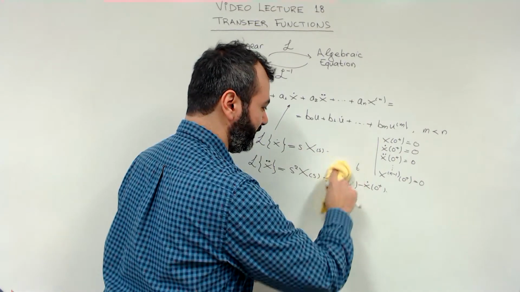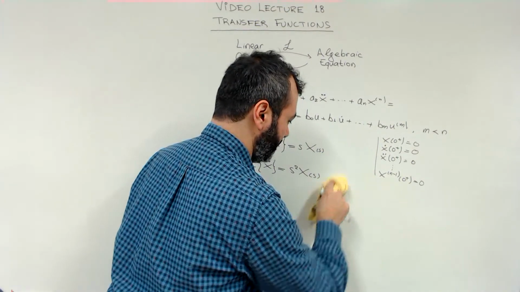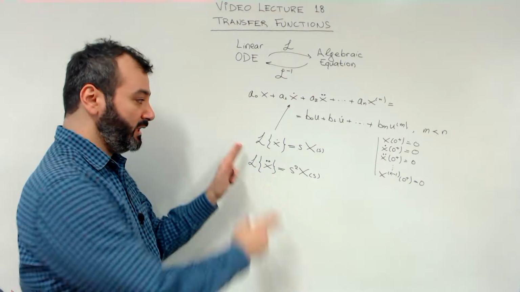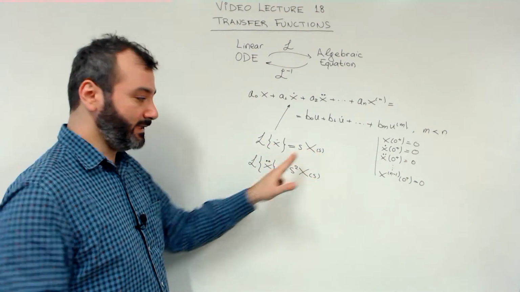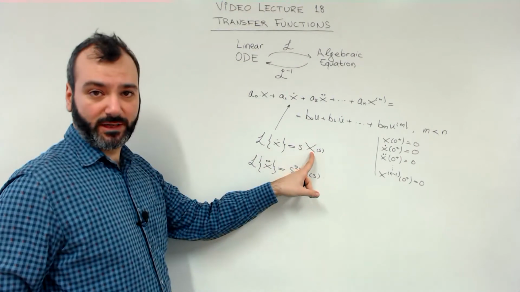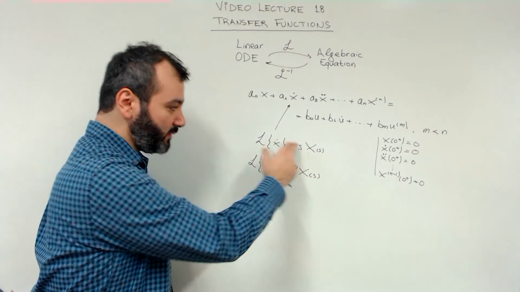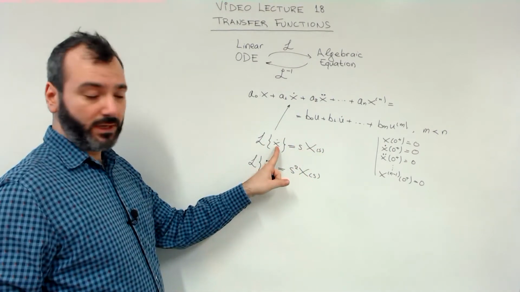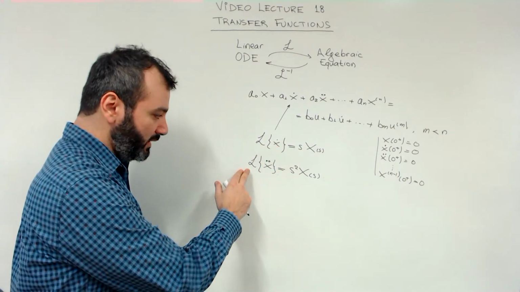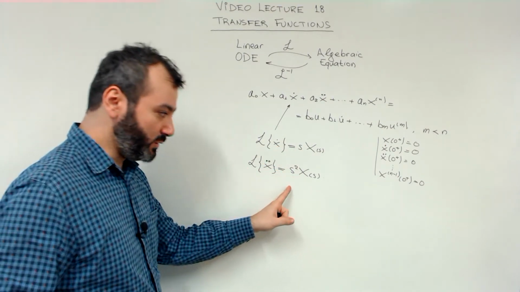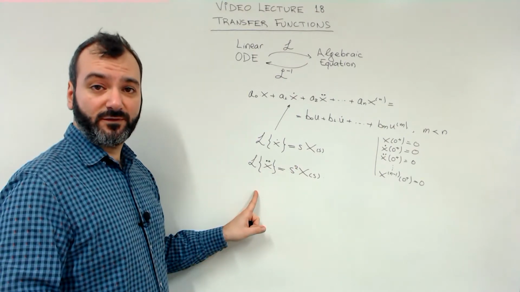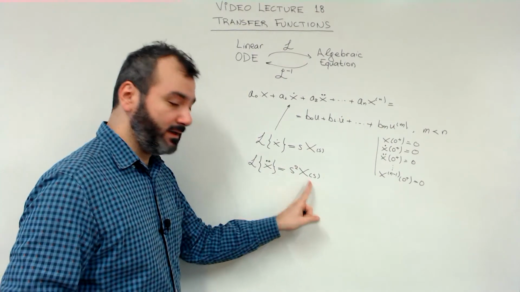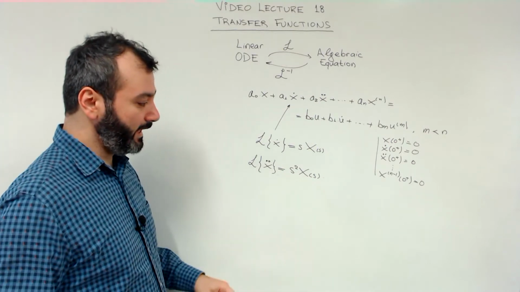We can simplify these expressions. So the Laplace transform of x dot is s times X of s, uppercase, by the way, is the Laplace transform of x lowercase. Then the Laplace transform of the second derivative is s squared times X. The Laplace transform of the third derivative is s cubed times X, and so on and so forth.